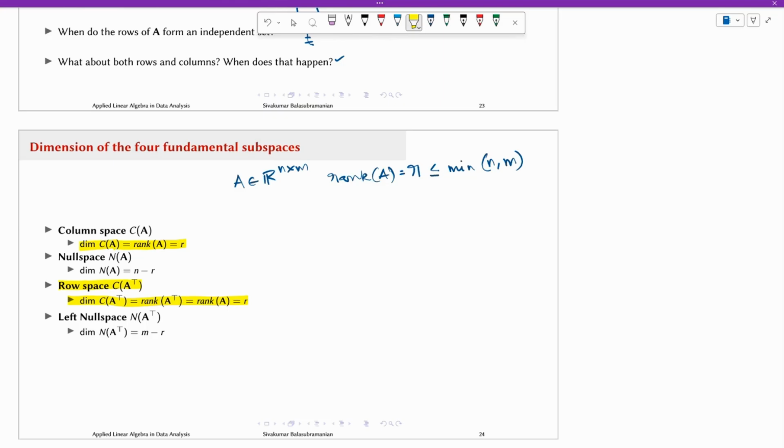Output space or the input space? Okay, it's the output space. So this is a subspace of Rn. The row space is a subspace of Rm. What about the null space? Does it belong to the input space or the output space?